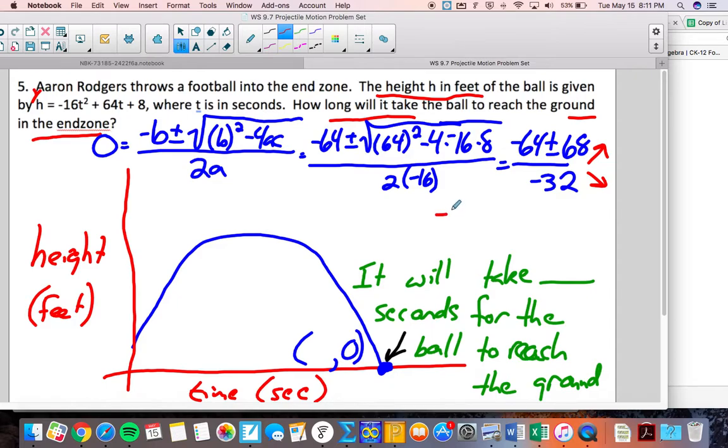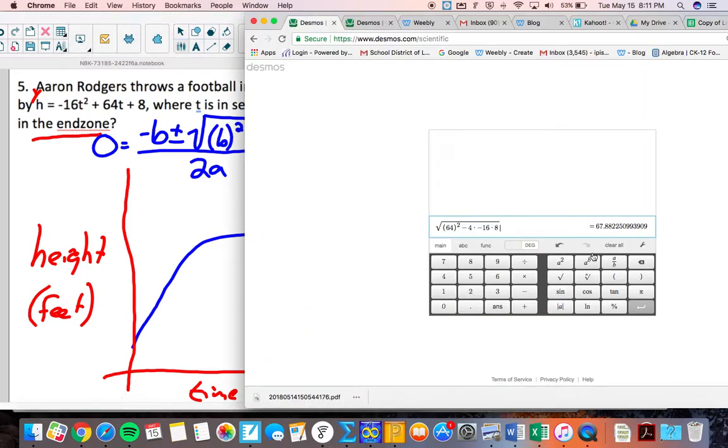So we get negative 64 minus 68 divided by negative 32. So that gives us negative 132 divided by negative 32. And that gives us positive 4.125.